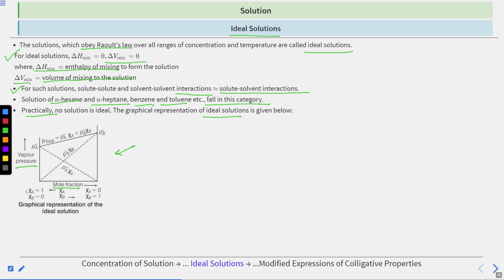The mole fraction of component A goes in this direction, and the mole fraction of component B goes in the opposite direction. And this line represents the total vapor pressure of the solution in terms of the vapor pressure and mole fraction of the components. So this is the graphical representation of an ideal solution.